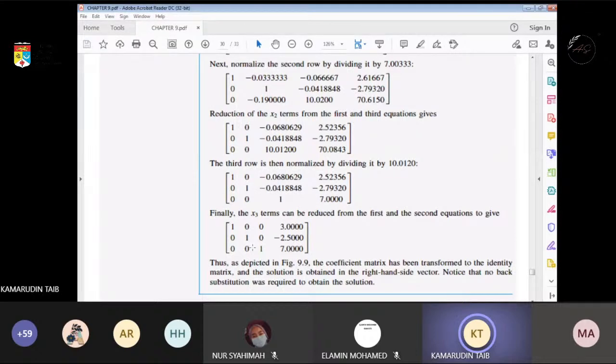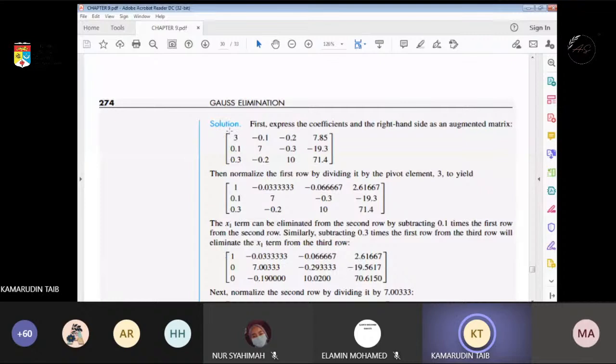So that's the reason at the very beginning, the first step is to normalize by dividing it by itself. And then the subsequent step is just the normal Gauss method. That means we need to make this element here 0, like that.